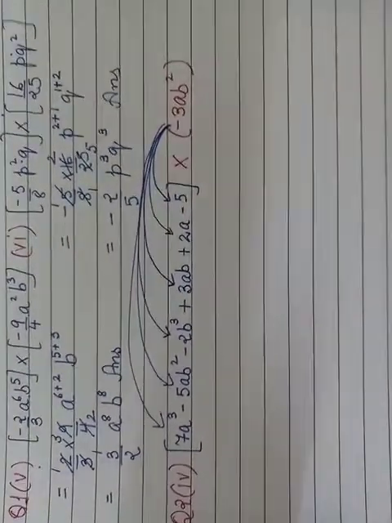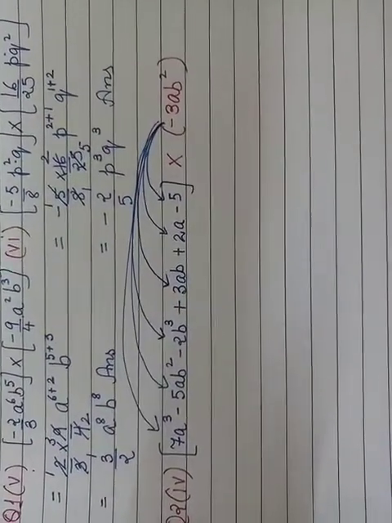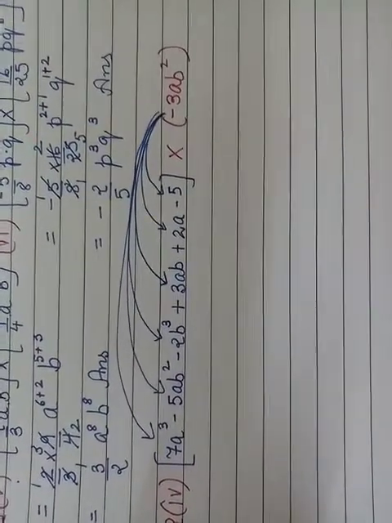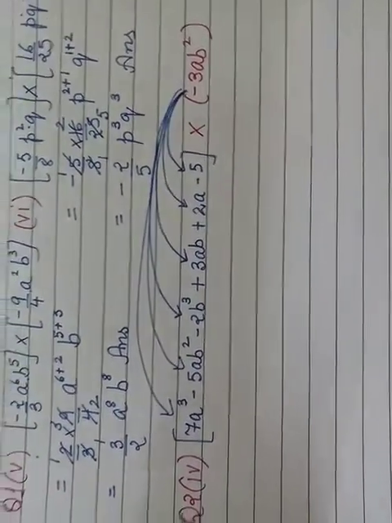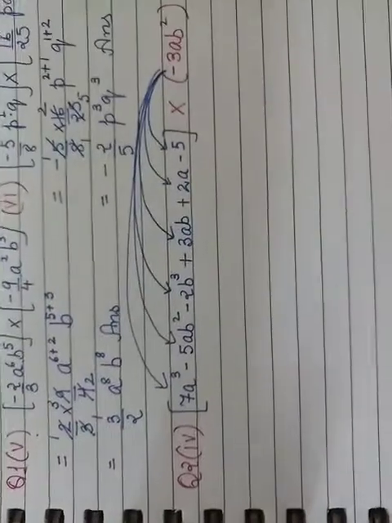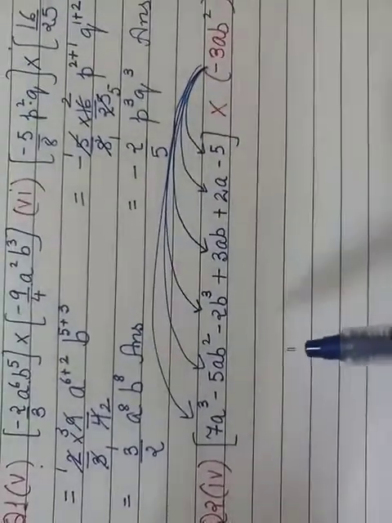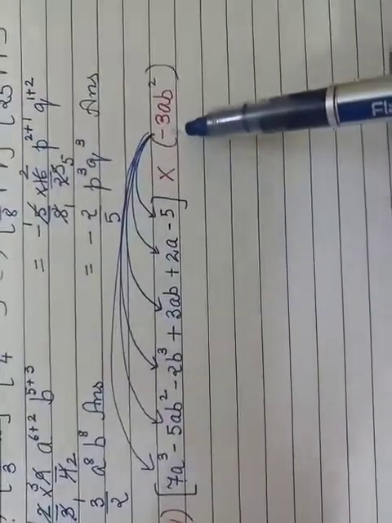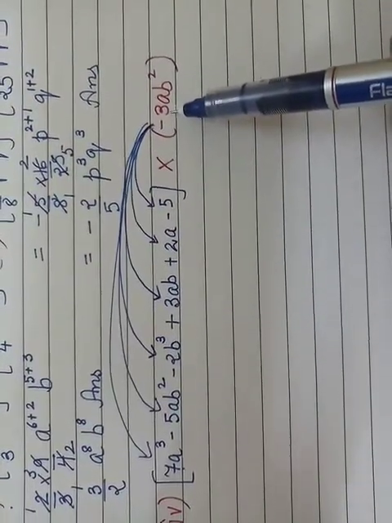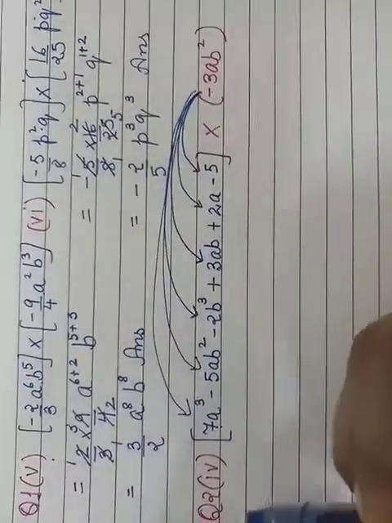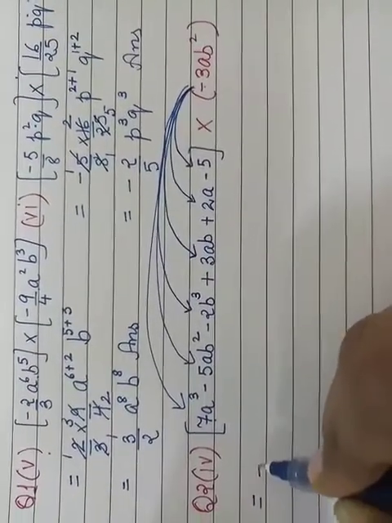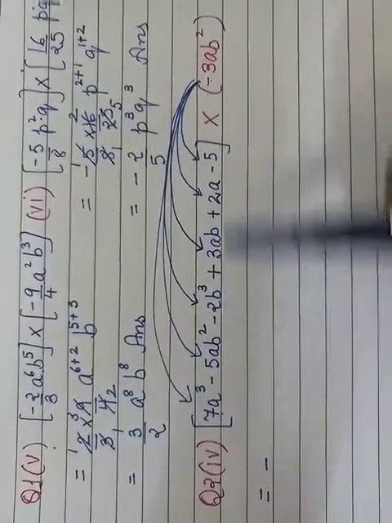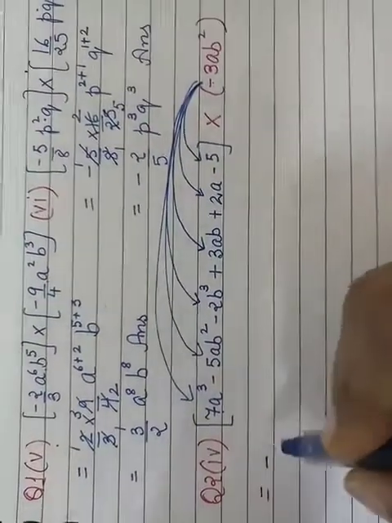That is, this minus 3ab square is distributed over all the terms of the multinomial. So firstly, when we are multiplying two terms, firstly we put the sign. See, this 7 has a plus sign, this 3 has a minus sign, so plus times minus will become minus. I write the minus sign. 7 into 3 will give you 21.